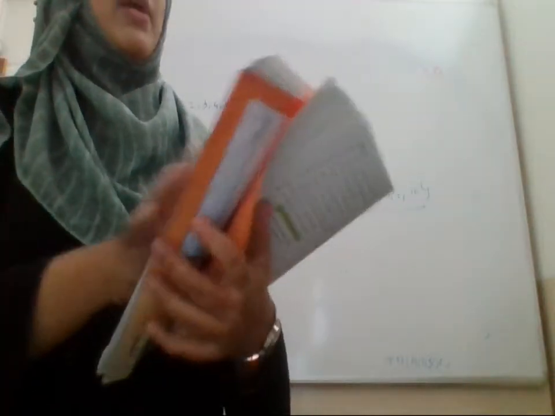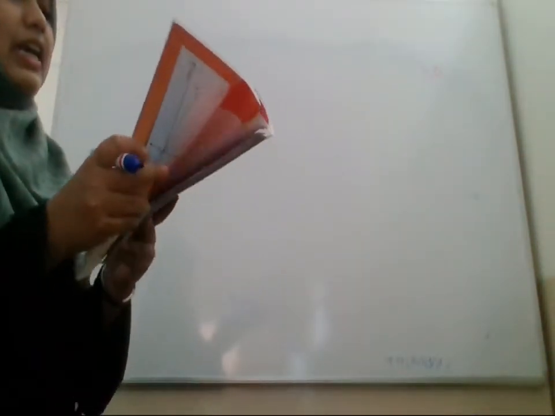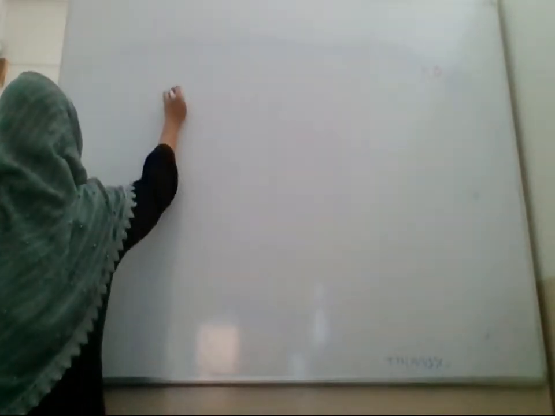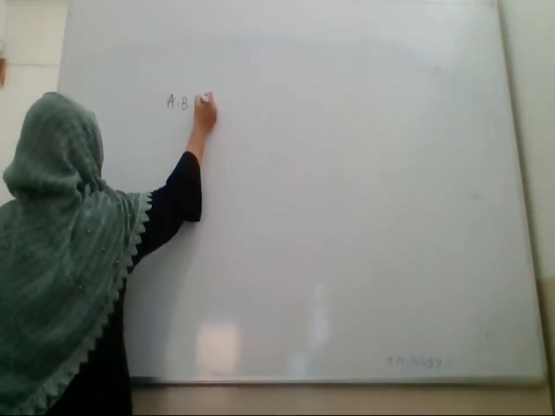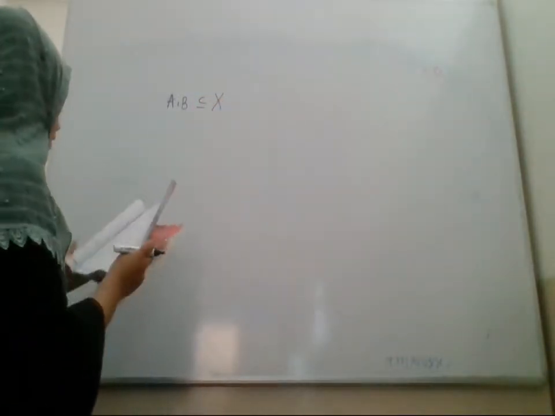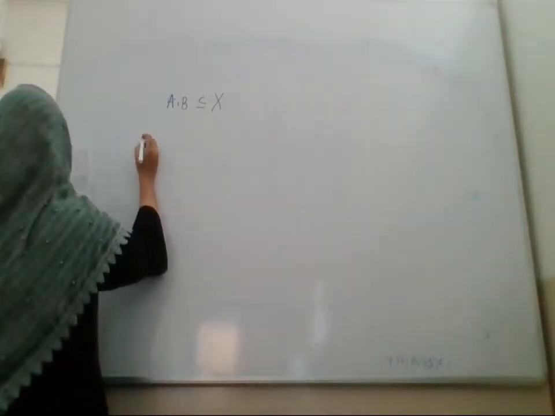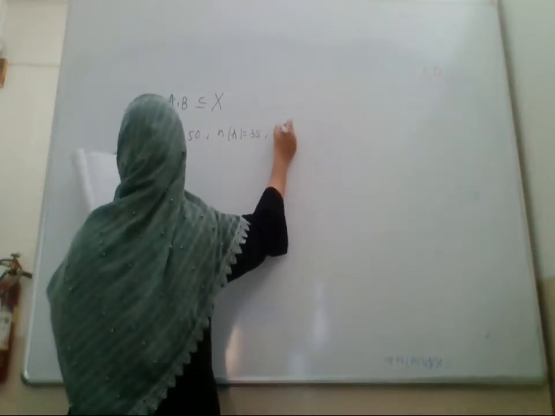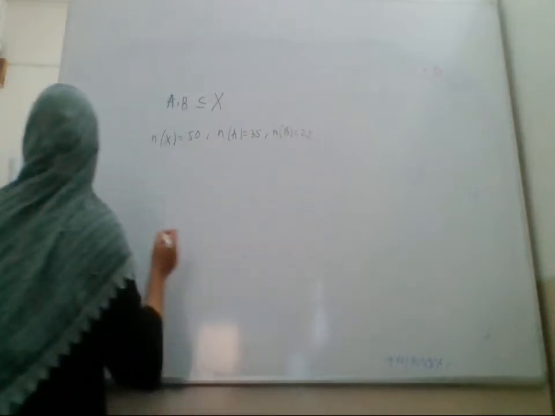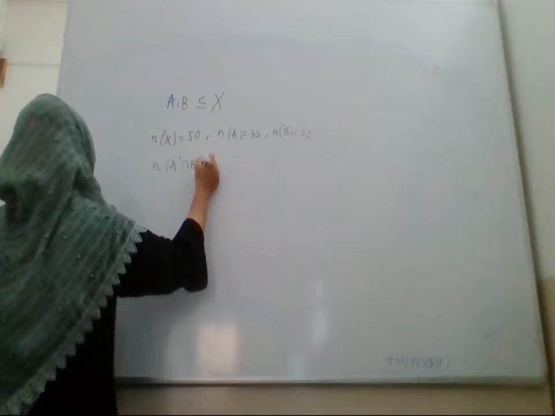Now we will solve problem number 6. The question of problem number 6 is, if A and B are subsets of universal set X, and it is given that cardinality of X is equal to 50, cardinality of A is equal to 35, cardinality of B is equal to 22, and cardinality of A complement intersection B complement is equal to 3.